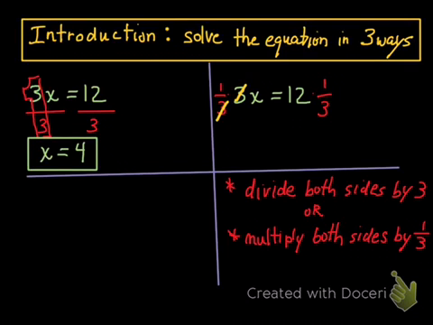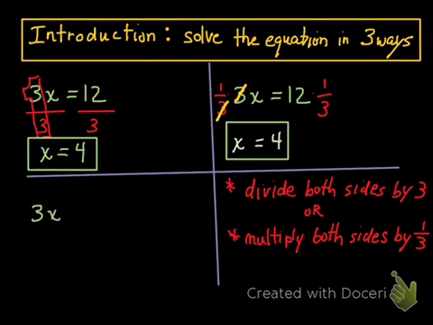Well, 1/3 of 3 is going to give us 1, and 1 times x is x. And 1/3 of 12 is equal to 4. We get the same answer using 2 different methods. The real challenge here is, can you come up with a third method to solve for x? And in fact, this is the most important method with regard to leading us to an understanding of finding missing angle measures in right triangles.